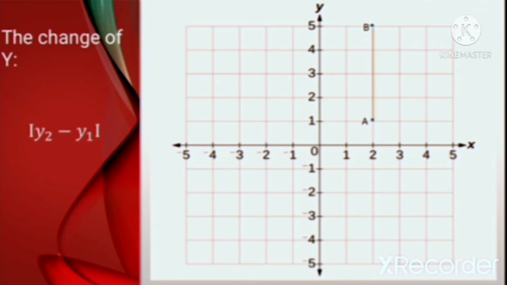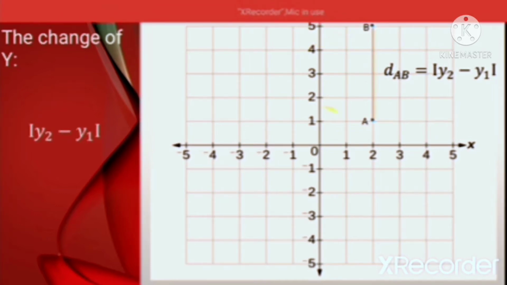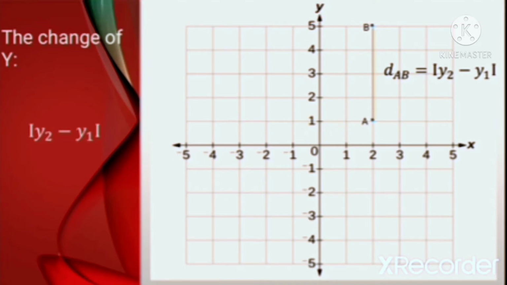So the distance from A to B is equal to the absolute value of y sub 2 minus y sub 1, or the absolute value of y sub 1 minus y sub 2. You can have 5 as y sub 2 and 1 as y sub 1, or y sub 2 is 1 and y sub 1 is 5.